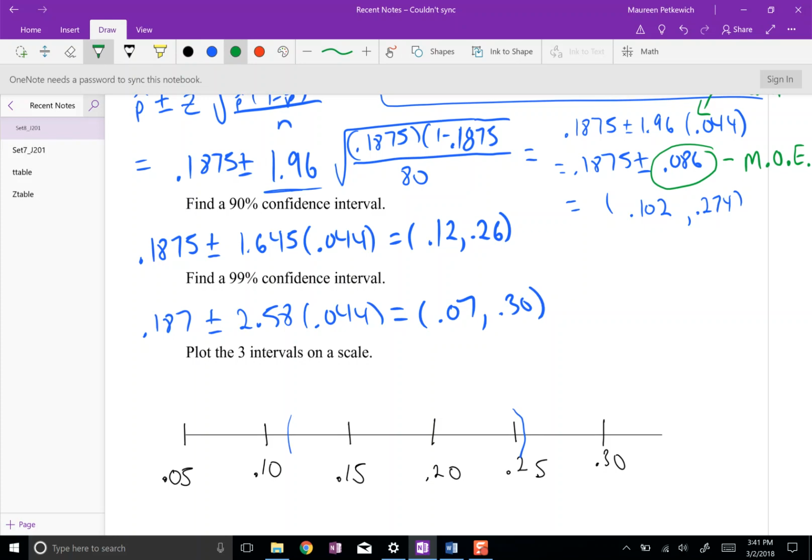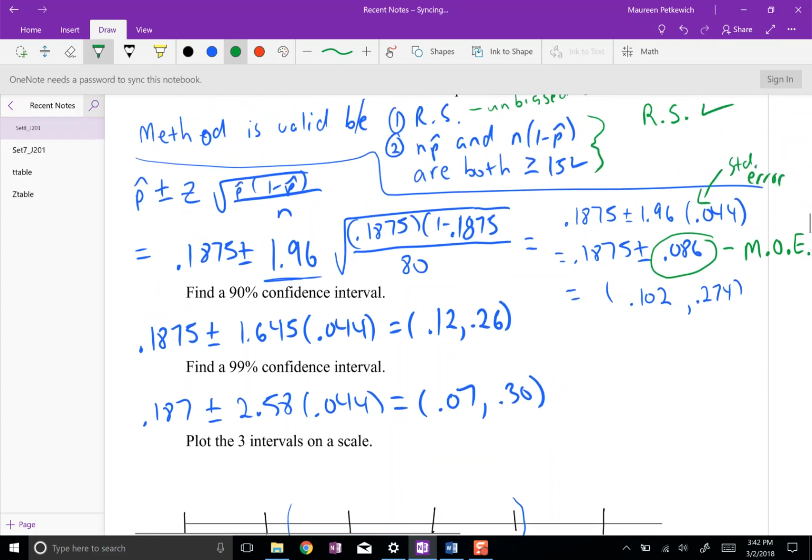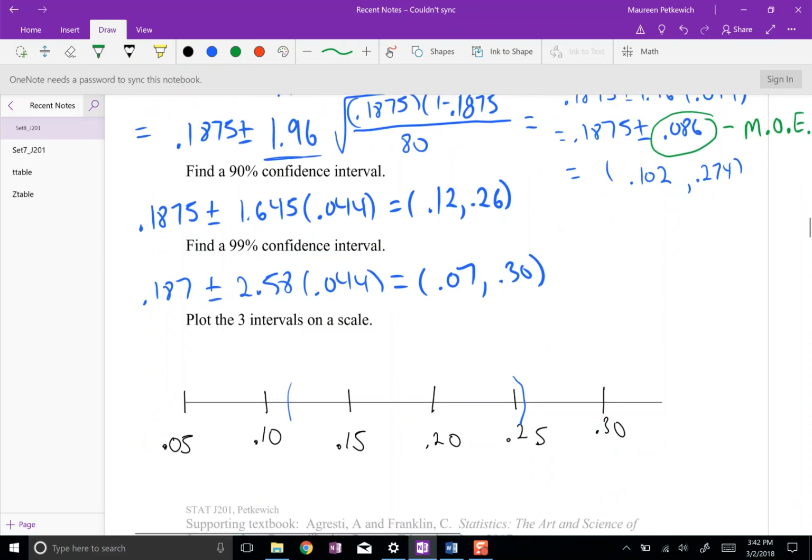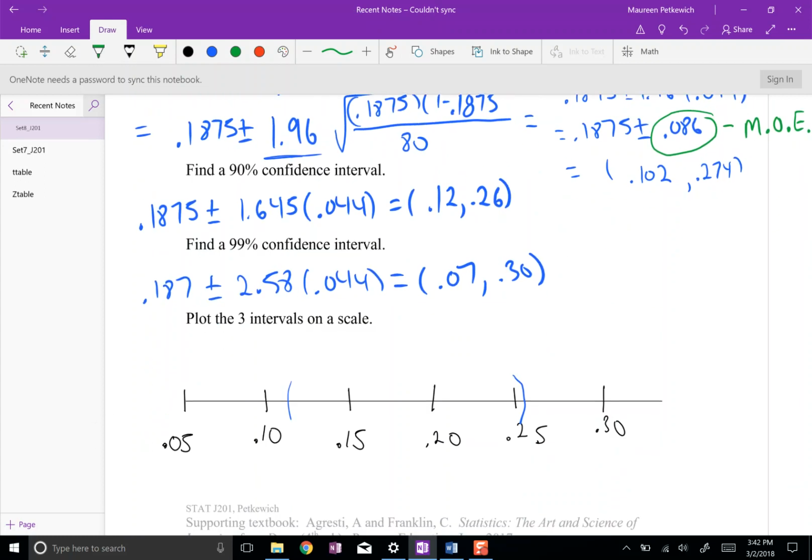For the 95% confidence interval, we went from 0.102 to 0.274. So from about right here, at about 0.10, over to 0.27. So somewhere in here. And then for the 99% confidence interval, I went from 0.07, which is about right here, to 0.30.